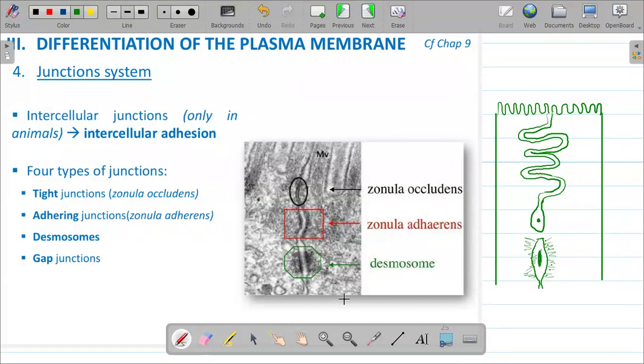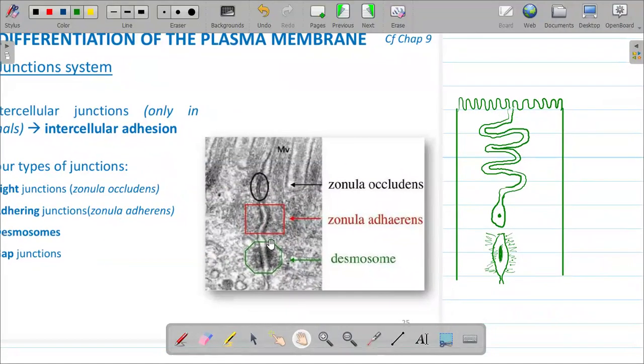Okay. Let me label the parts here. This is cell A, a cell component, and another cell component. Okay, so this one is your microvilli, a small modification of your plasma membrane.